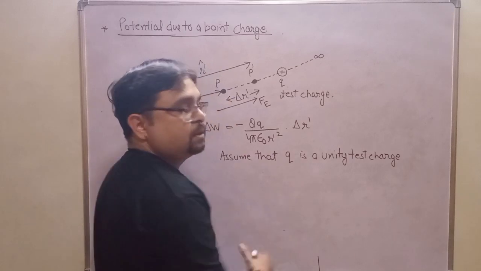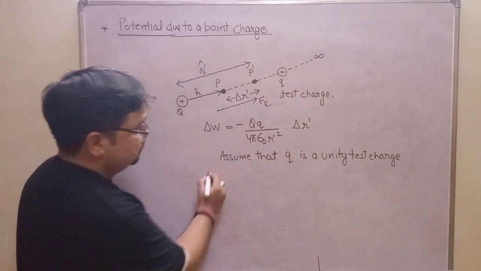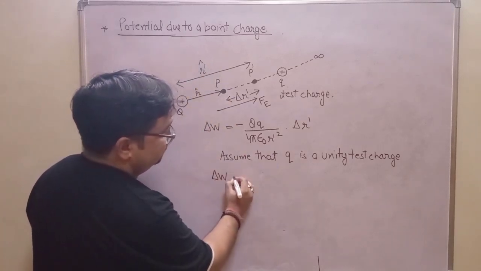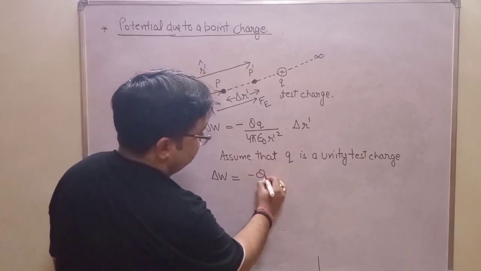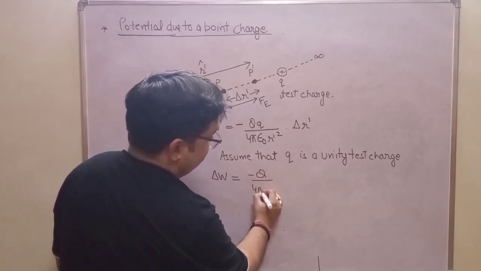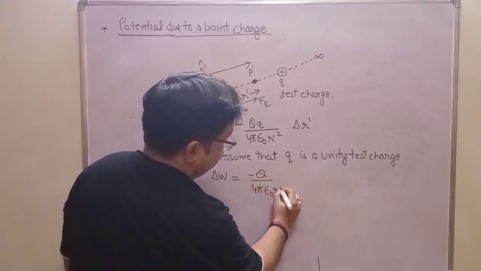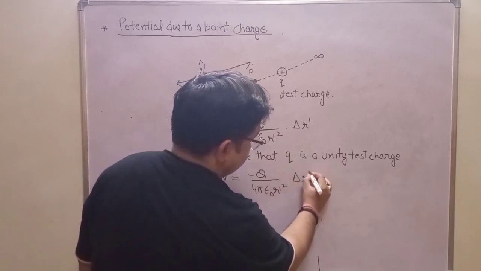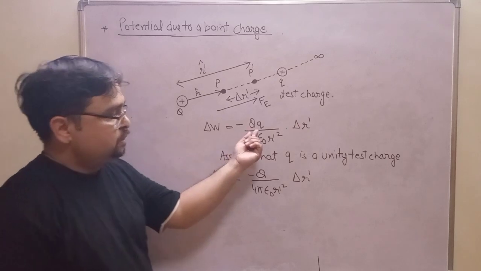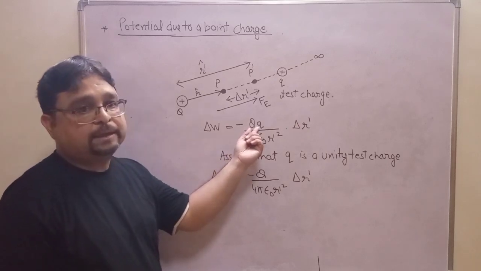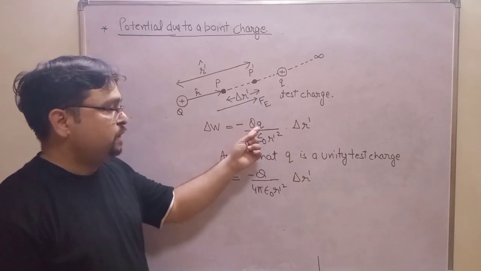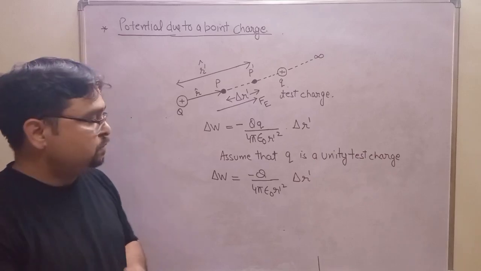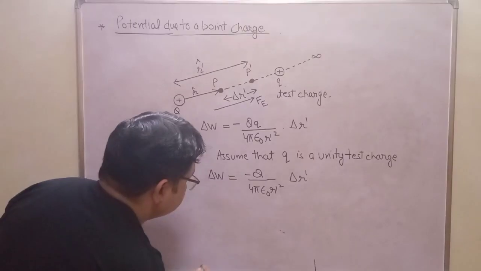So small q is 1 coulomb charge. So delta W will be equal to minus Qq upon 4 pi epsilon naught r dash square. Small q we will put as 1. So substitute 1 for small q, you will get this expression.